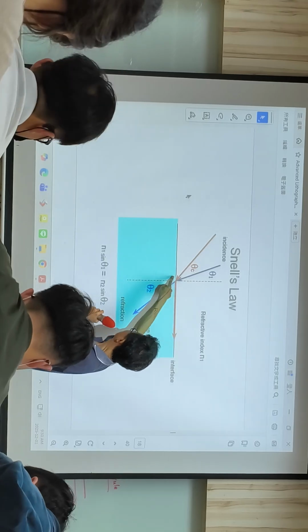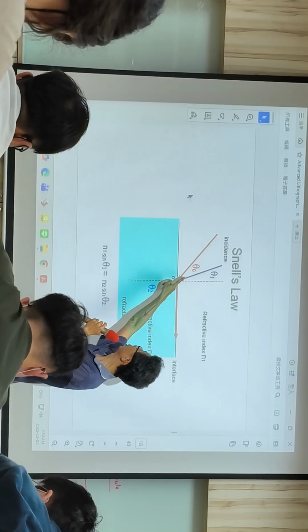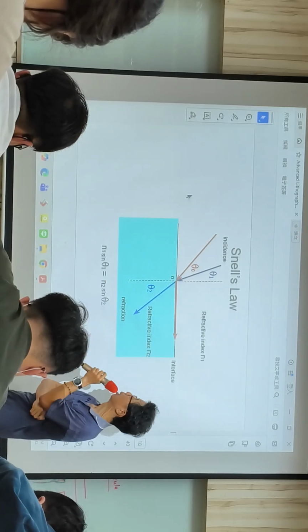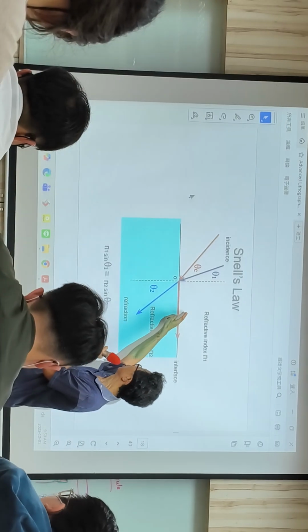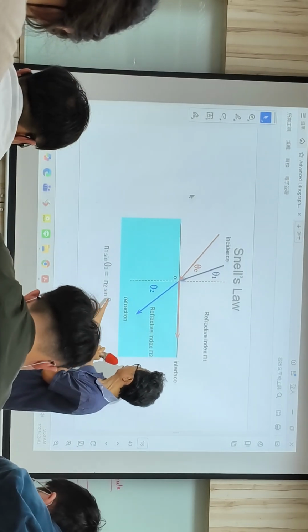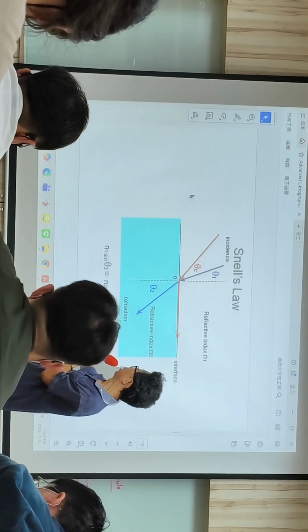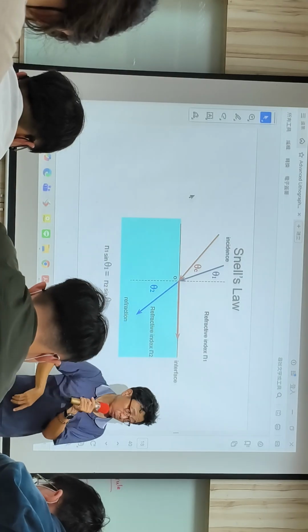After that, it will become total reflection. So this is the critical angle, theta c, and that means this one is 90 degrees. Nothing can be more than that, and you will get total reflection.